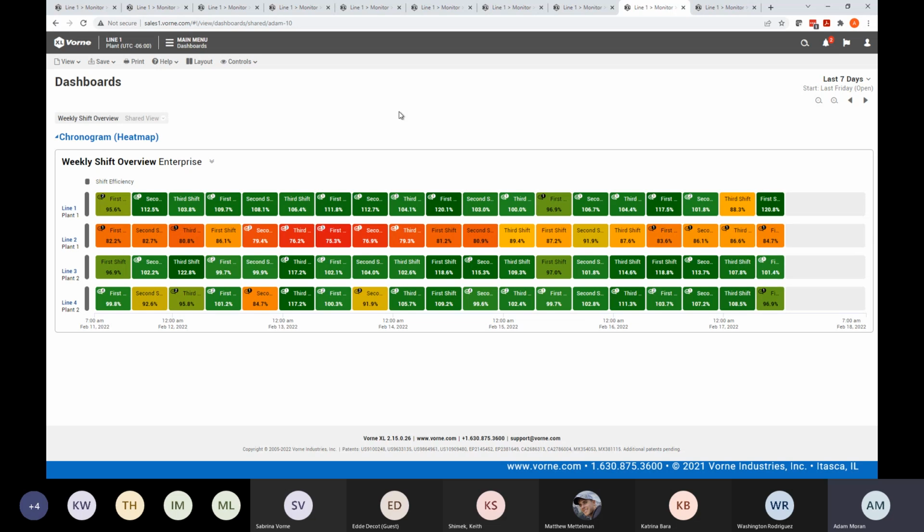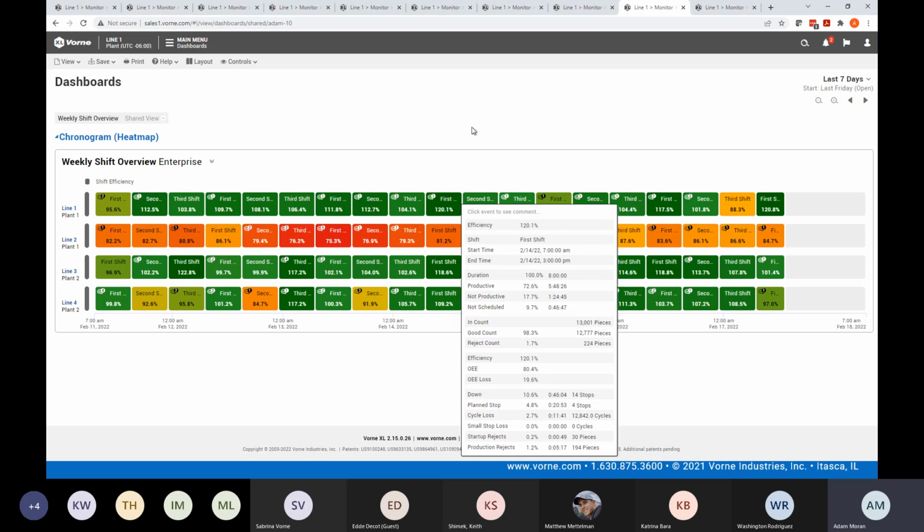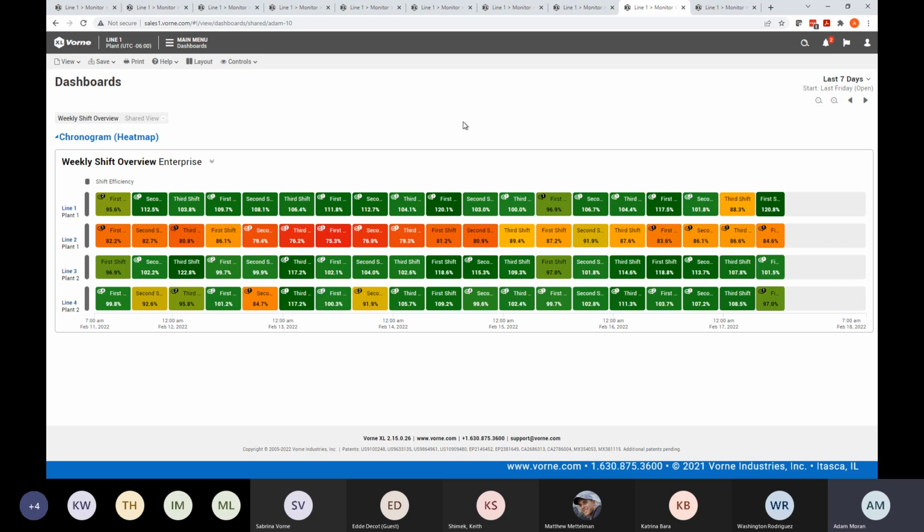So in this case, instead of looking at the red, I'm looking at the very, very bright green. I can identify that the shift that occurred on Valentine's Day from 7 a.m. to 3 p.m. had an efficiency of 120.1%. This allows me to reach out to the production supervisor or the responsible team and celebrate a win.